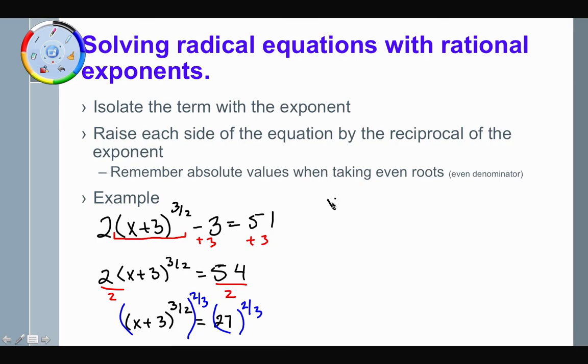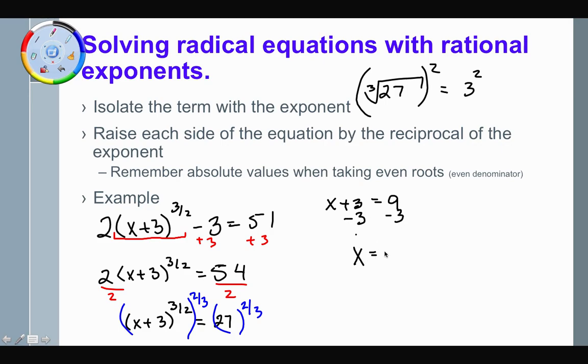So on the left side, we just get a simple x plus 3. And again, thinking of what we did in the last lesson, 27 to the 2/3 is saying let's take the cube root of 27 and then square it. The cube root of 27 is 3. And then we're looking for 3 squared, so we get an answer of 9. And look at here, it comes out very nice. We get x is equal to 6.